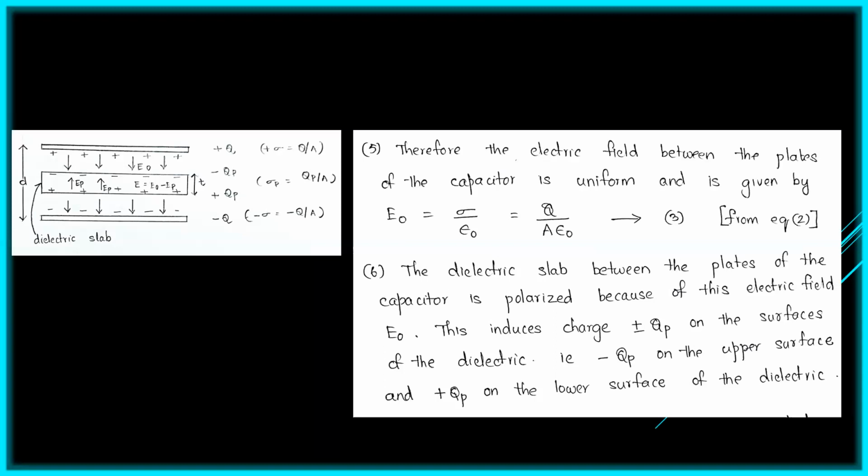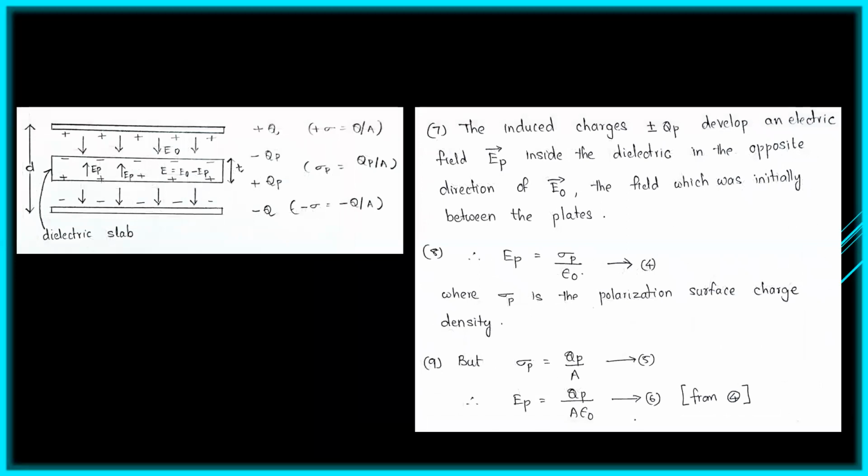Next, the induced charge plus or minus QP develops an electric field EP inside the dielectric, in the opposite direction of E naught, that is the external field, the field which was initially between the plates. So, because of these charges on the surfaces of the dielectric, there is also an electric field developed inside the dielectric.